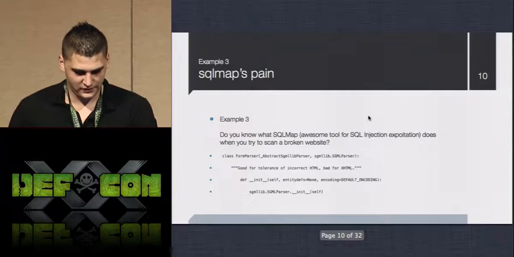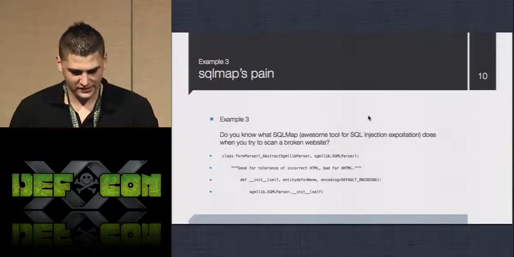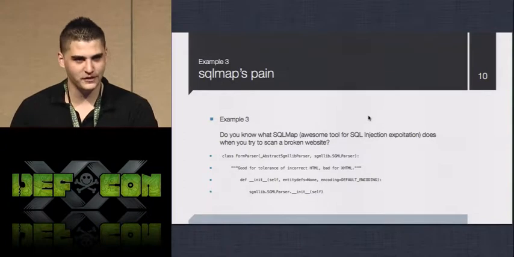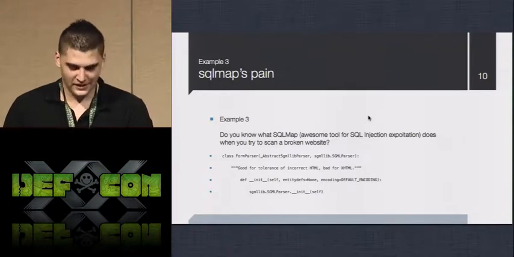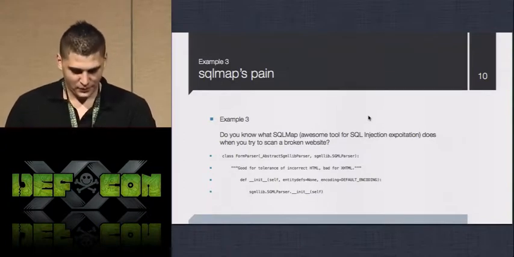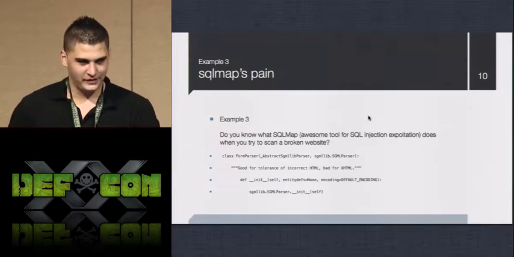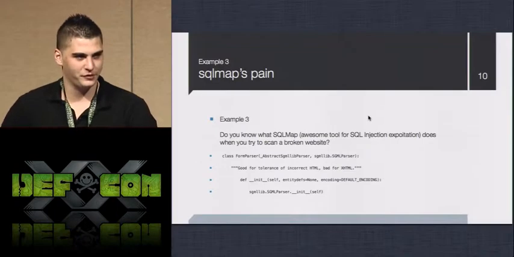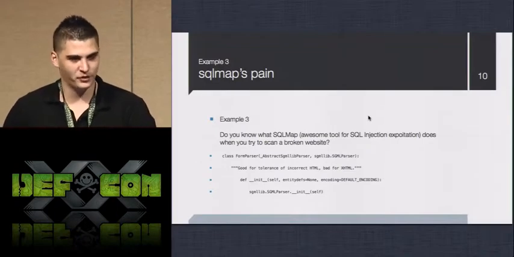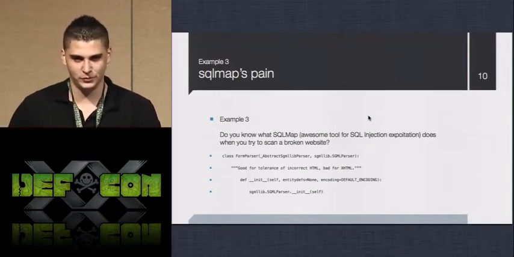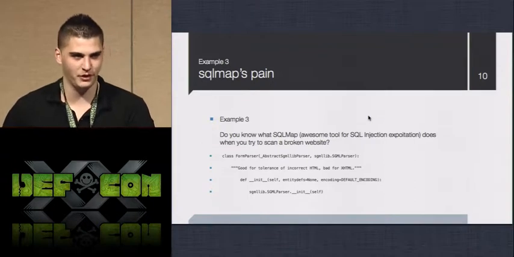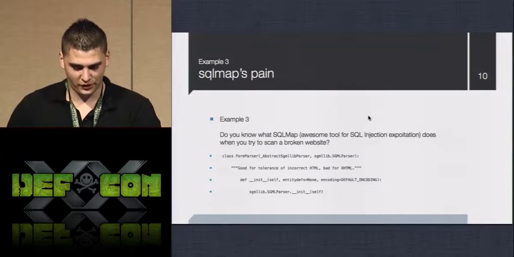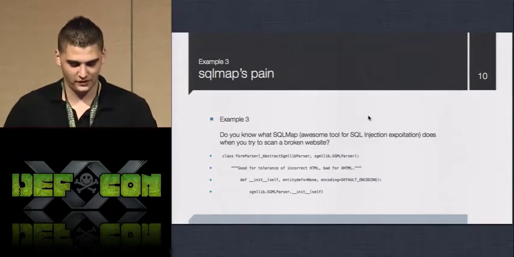And the third example is a great tool as well. SQLMap, we all know it, we all love it for SQL injections. But when you try to actually use the internal heuristics of SQLMap to find some forms on a website and to perform injections against these HTML forms, it is likely to happen that the internal HTML parser of SQLMap is going to fail.